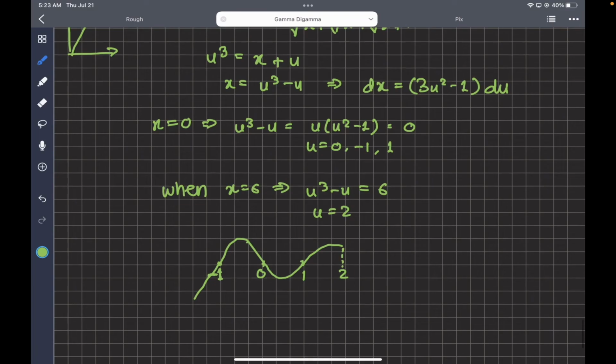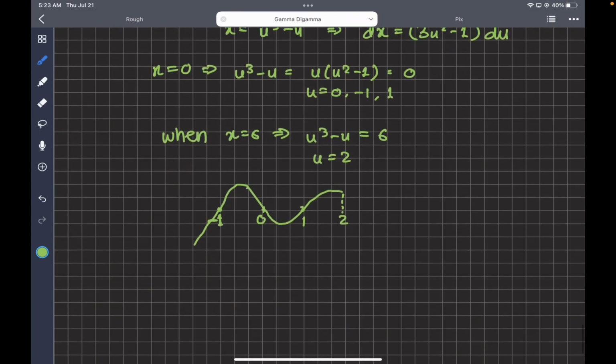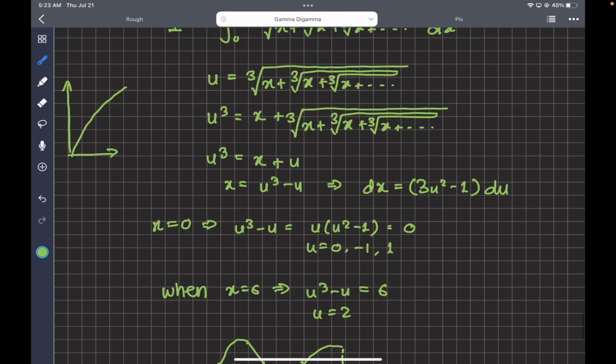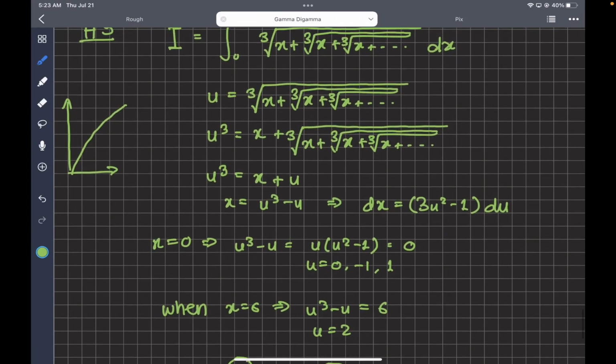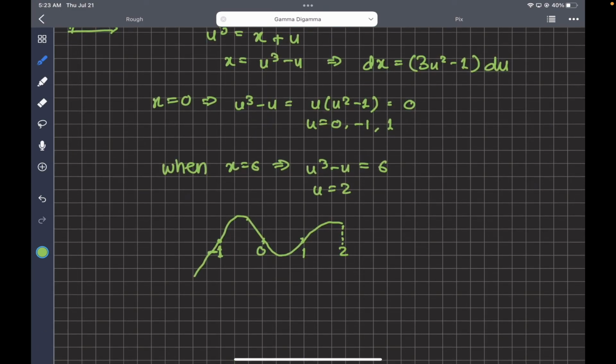Well, if we choose 0, then the function will have to decrease in the 0 to 1 region, and that's really not plausible, because we know what the original integrand graphs to be. It's this growing function that's positive. So 0 is sort of out of the question.